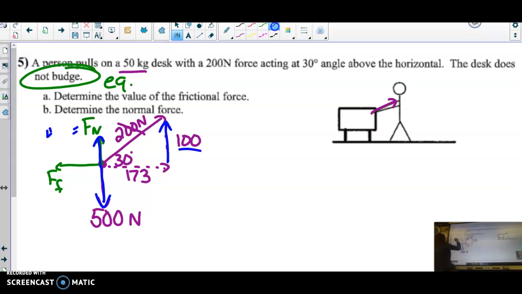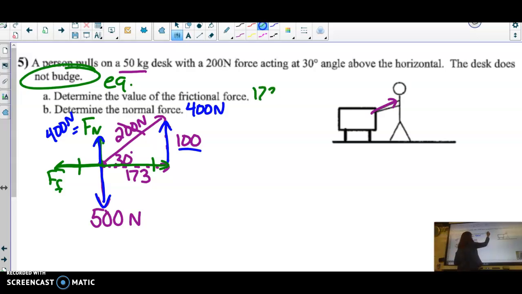That means the normal force must be an additional 400 to balance out the 500. So my normal force is 400 newtons. And now my frictional force in the x direction, these two forces have to balance, because those are my only x forces. So if this one's 173, friction must also be 173 in order to keep that balanced.